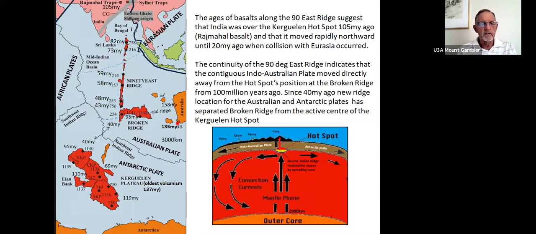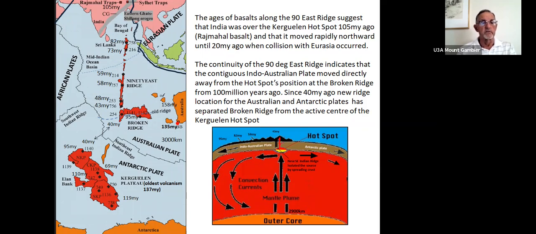of the 95 million-year-old Broken Ridge. So here's what has happened: the Australian Antarctic plate boundary has jumped southward and continued to expand so that it has put space between the Broken Ridge, its old position, and the current situation of activity, which one would assume has not actually changed real position on the globe.